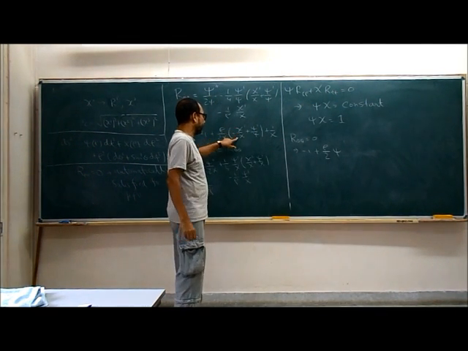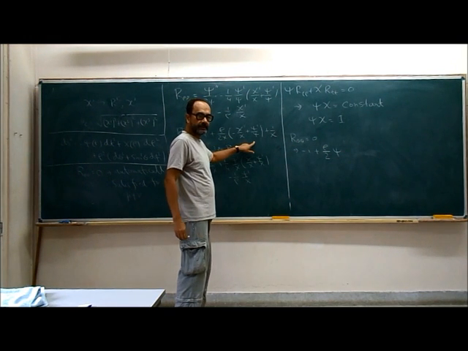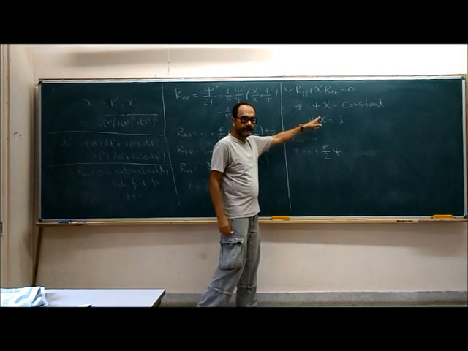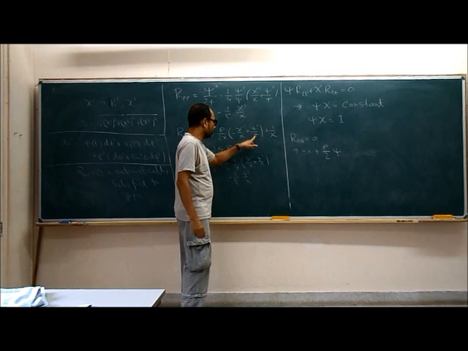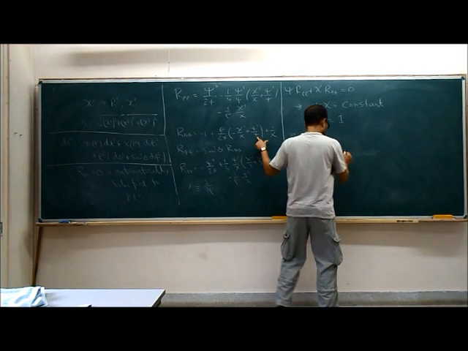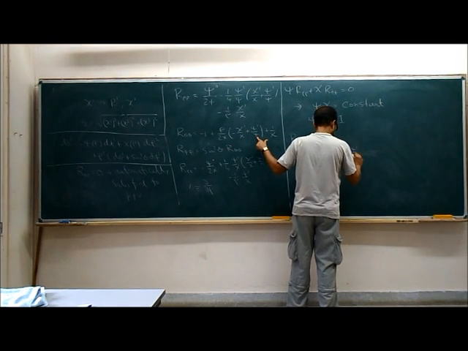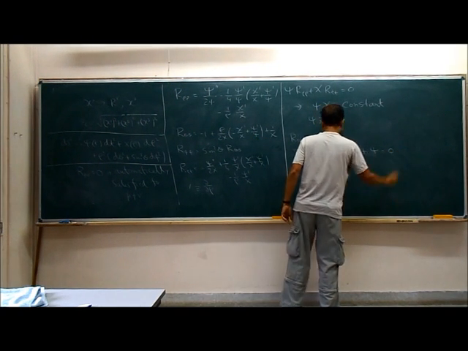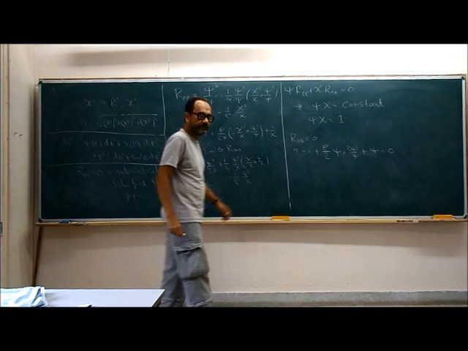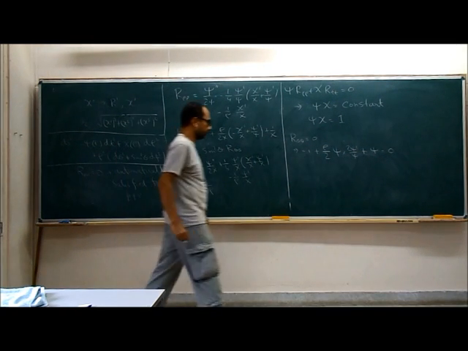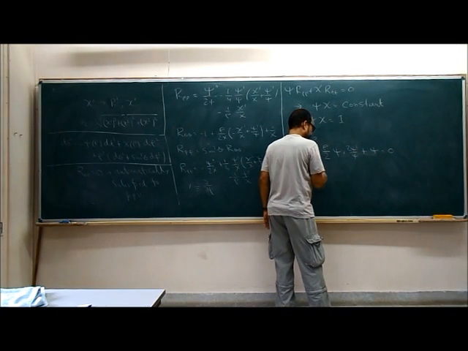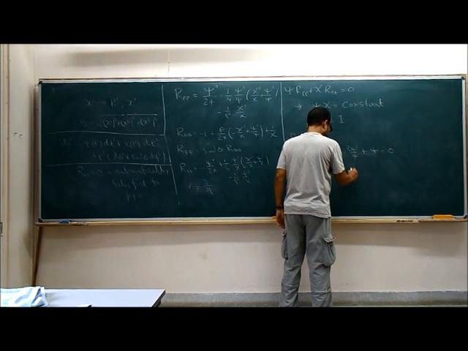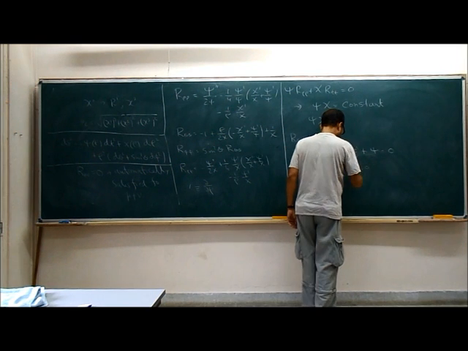Now chi prime over chi is minus psi prime over psi, right? Because psi chi is constant. So this becomes 2 psi prime over psi plus psi equal to 0, because 1 over chi is psi. So this gives you minus 1 plus rho psi prime plus psi equal to 0.